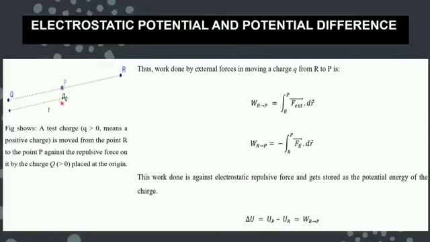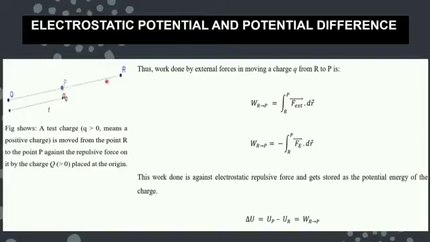If test charge is also taken as positive charge, then of course both are similar charges, like charges, they are going to repel. So whenever we want to move this test charge in the presence of this field, I have to do some work against the force of repulsion, because these are like charges, they are going to repel each other.